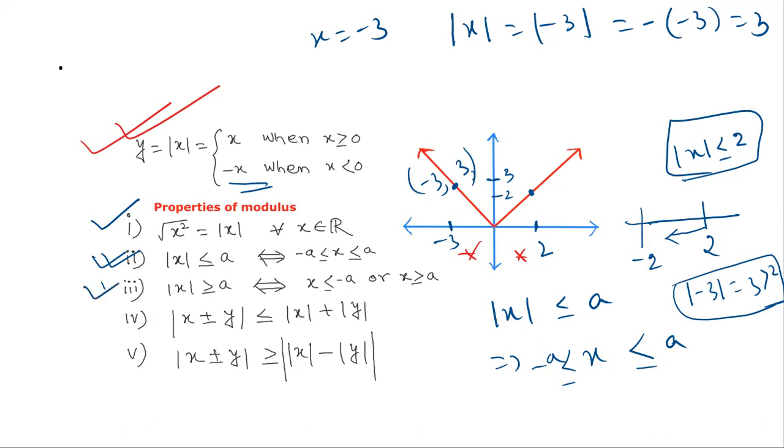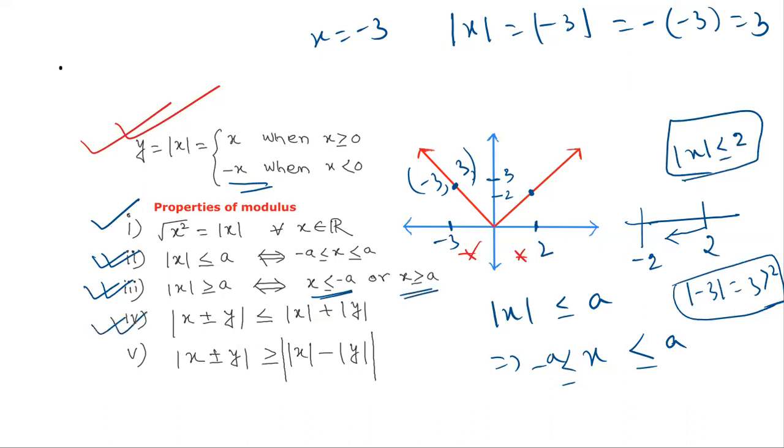If mod x is greater than a, then x is less than -a or x is greater than or equal to a.